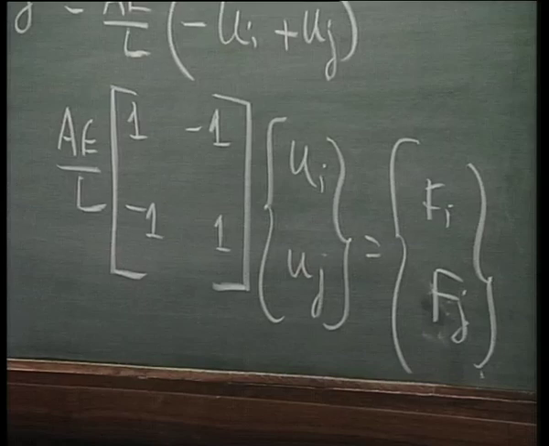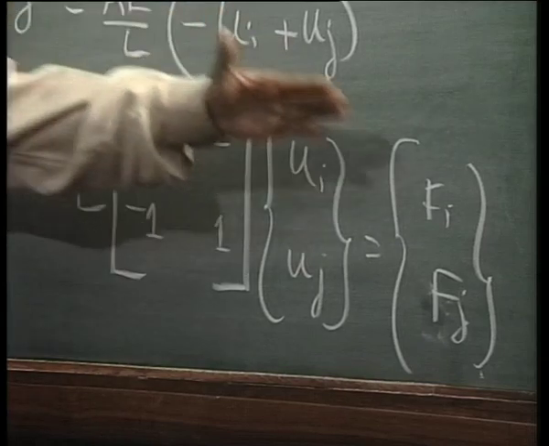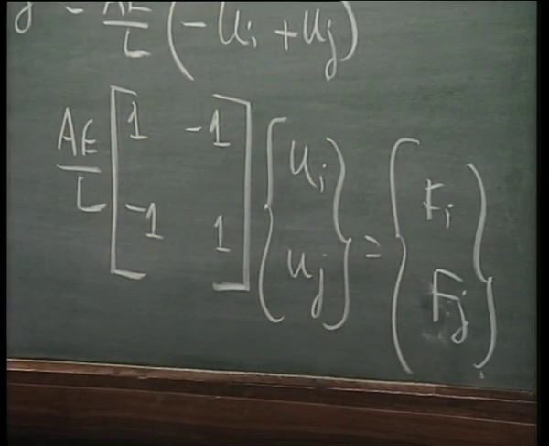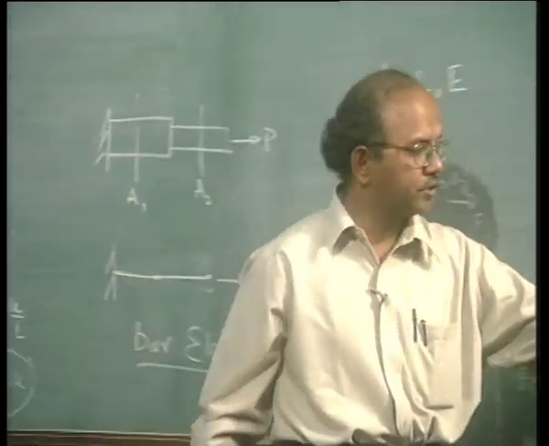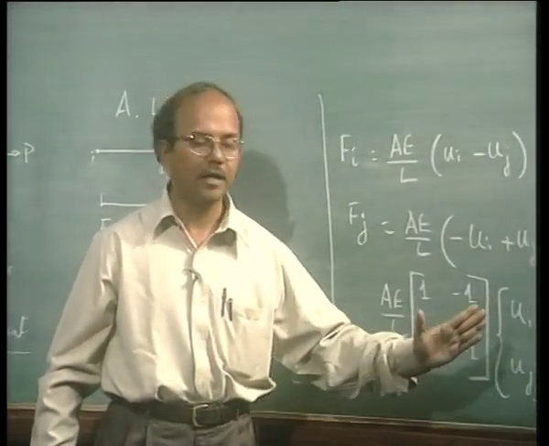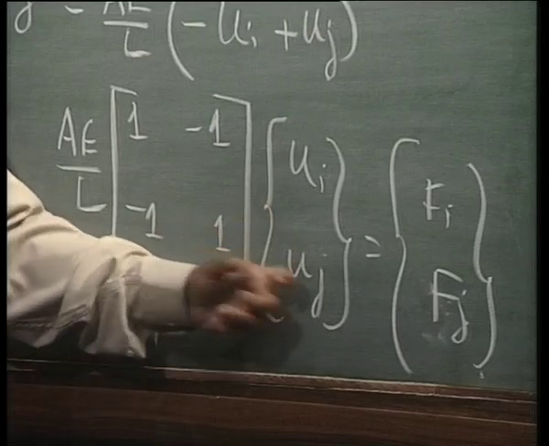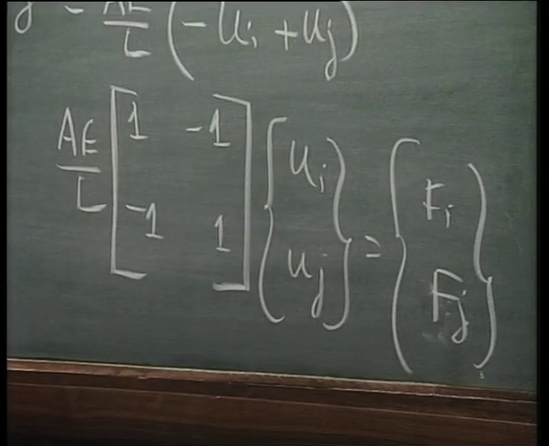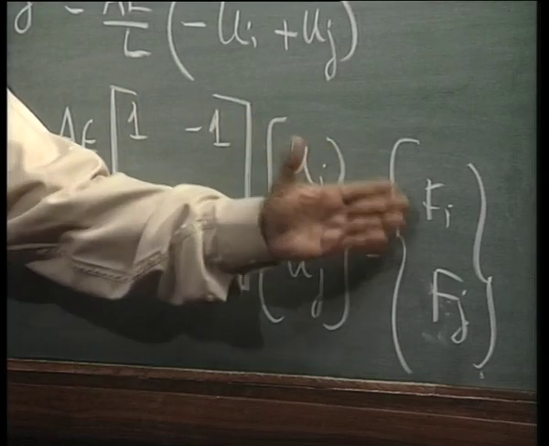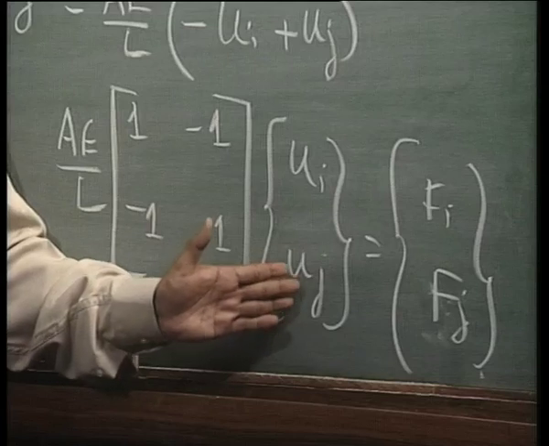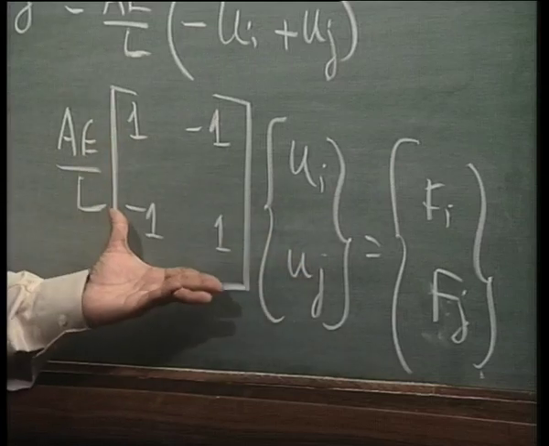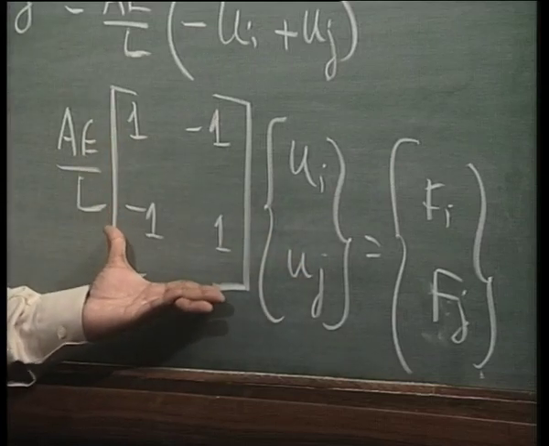Now, look at this particular equation quite closely. You can immediately recognize that there is a force on one side and there is a displacement on the other side. So, in other words, this is a relationship between force and displacement, and that relationship has been brought about by this particular matrix.